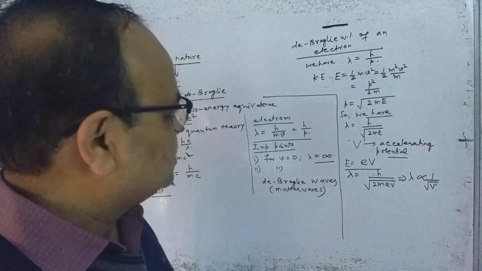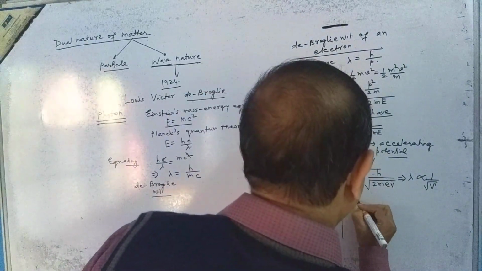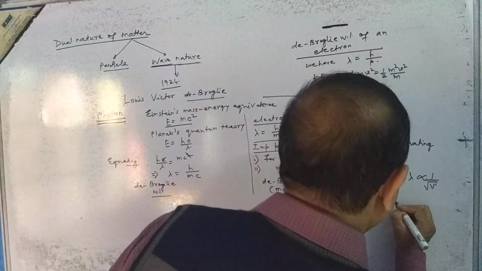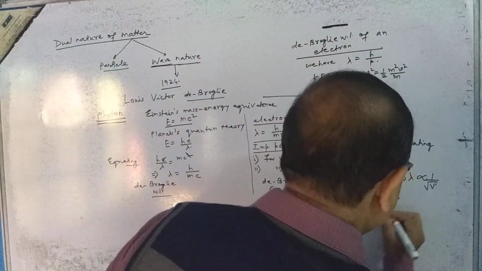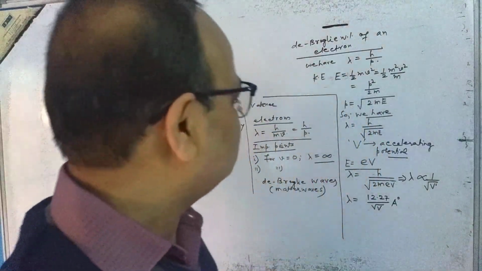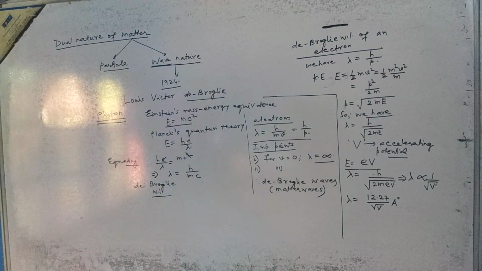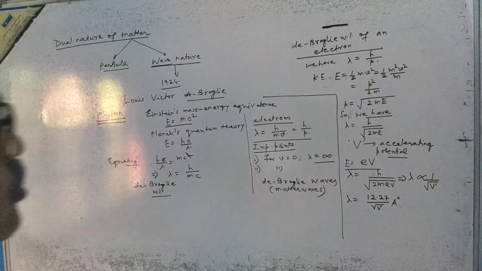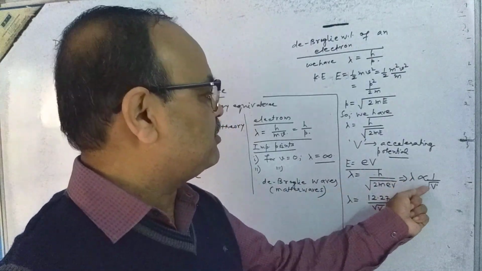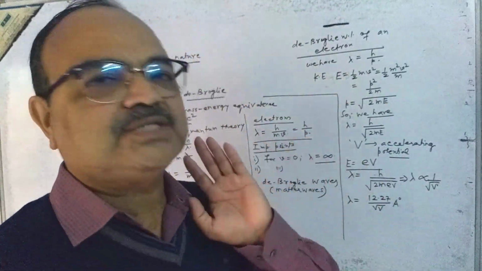If I consider all these values, then for an electron, lambda is equal to 12.27 by root V angstrom. Just see this, 12.27 or 12.3, because all are standard values. A very important aspect.